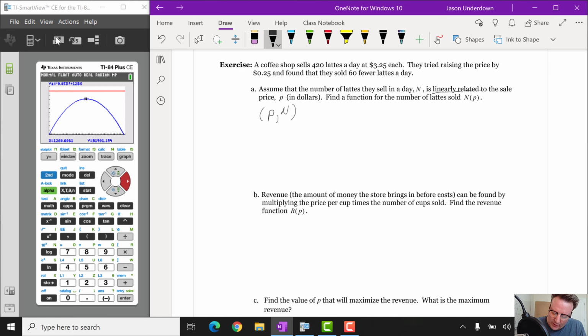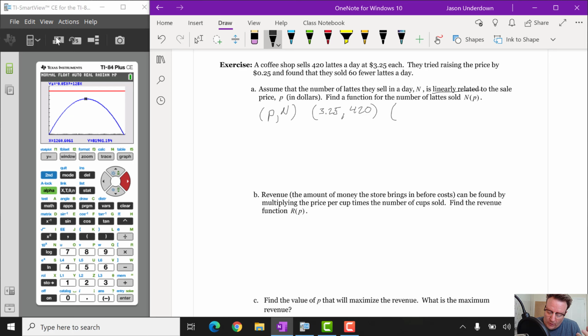Well, one of them we know is that at the price of $3.25 each, we sold 420 lattes. And we also know that when we raised the price by 25 cents, we sold 60 fewer lattes a day.